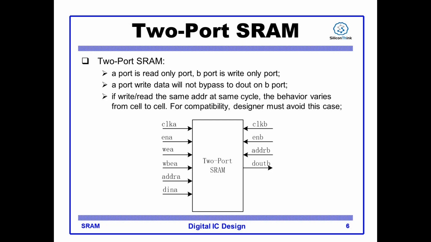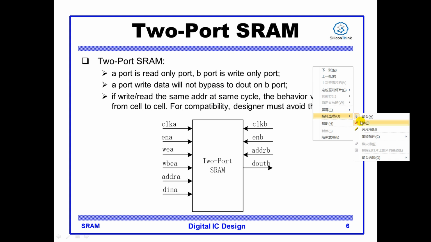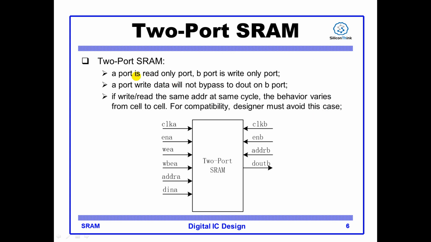So after you have understood the behavior of single port SRAM, two port SRAM is almost the same. Two port SRAM usually has two ports. Usually one port is read only and one port is write only, so it will have two addresses.